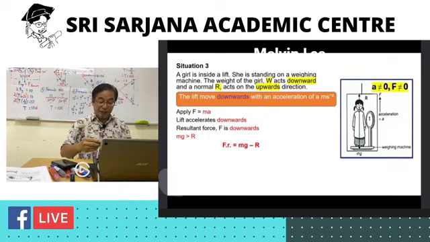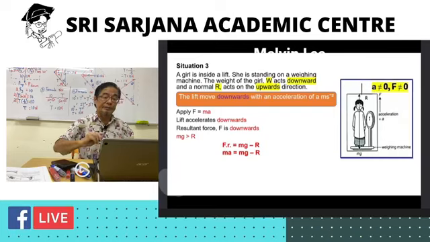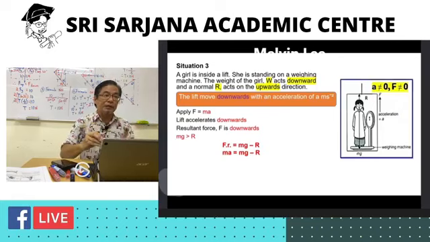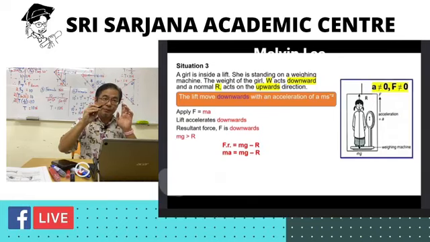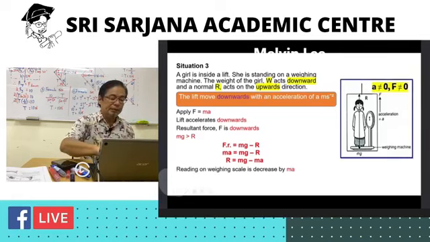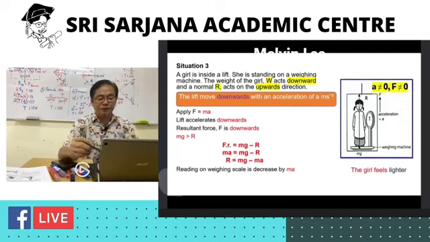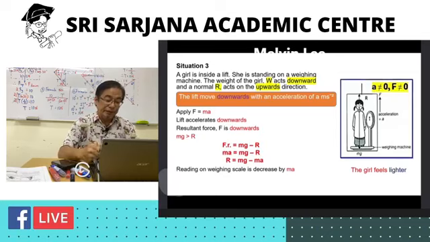Resultant force on the left side, F must equal ma. Then you rearrange to get R. Every time the question asks for the reading of the weighing scale, you must find R. So my R is mg minus ma. You notice that it decreased by ma. That's why this girl will feel that she is getting lighter.